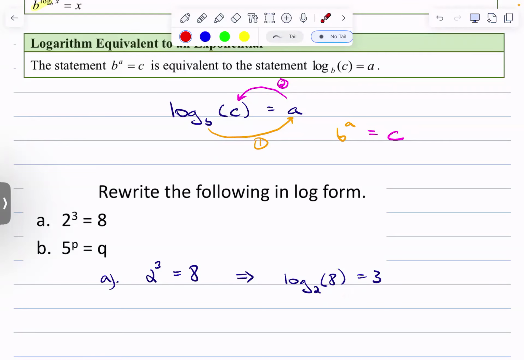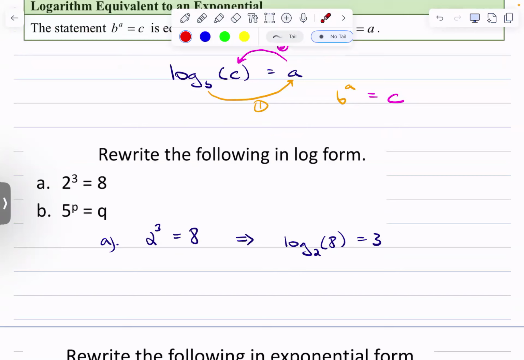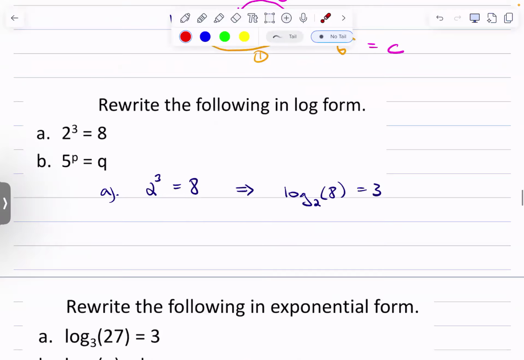You can try it on your calculator. Log base 2 of 8. Our fancy calculators have a log any base of any number button.